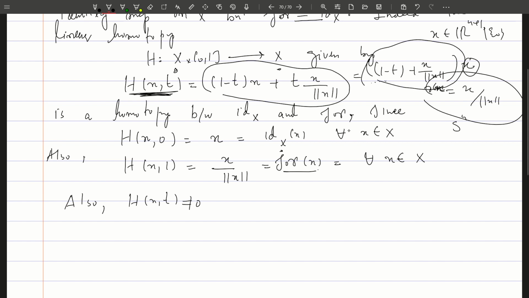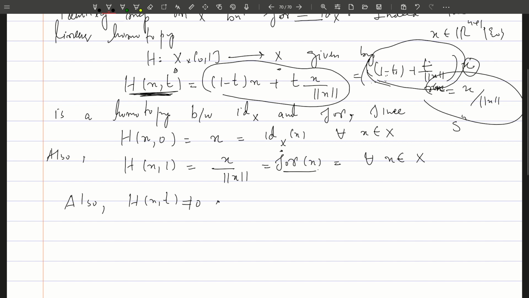But one can look at this factor. It lies between 1 and 1 over norm of x. Sorry, this is not x here, this is t here. If t is 0, this becomes 1, and if t is 1, this becomes 1 over norm of x.